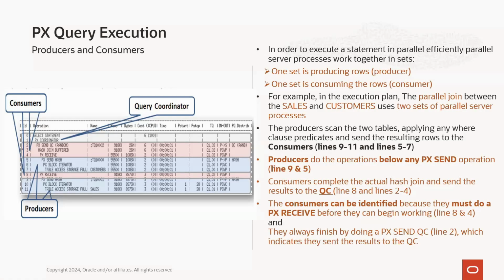The consumers can be identified because they must do PX receive before they can begin the work. And they always finish by doing PX send QC, which indicates they send the result to the QC. So from the execution plan, we can see where PX receive is and where PX send is. These are the operations we can identify from the execution plan.